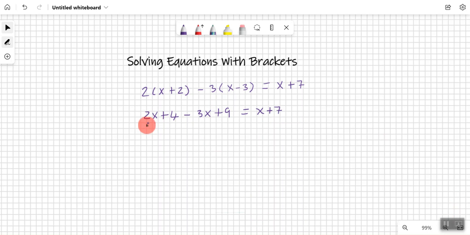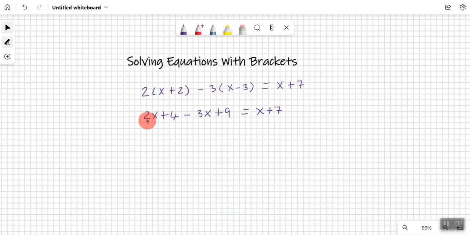Now what we want to do is simplify this. It's what's called an expanded expression now. So we want to simplify it by collecting up the like terms. We can see we have 2x here. What's similar to 2x? We have minus 3x. So we can collect these two together.